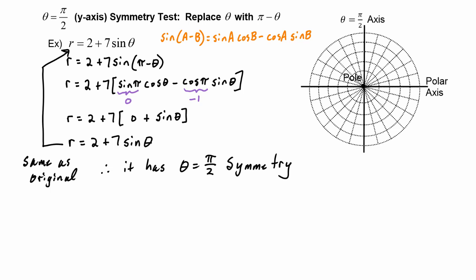So what that means is, say we had this point at an angle of theta. This point would fold over the vertical axis, the theta equals pi over 2 axis, and it would show up over here in quadrant 2.